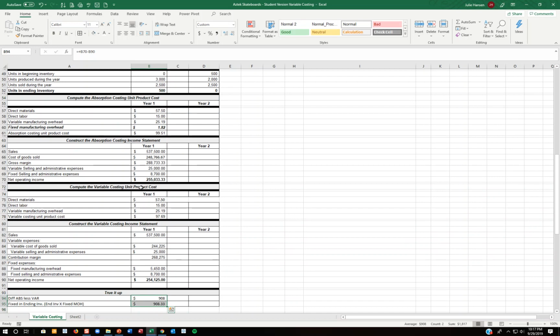So I'm $908.33 off in the difference between the net incomes, and that's because I have $908.33 left in my ending inventory, which is those 500 units, and those 500 units have an additional $1.82 tacked onto them because that fixed manufacturing overhead didn't get completely expensed during year one.